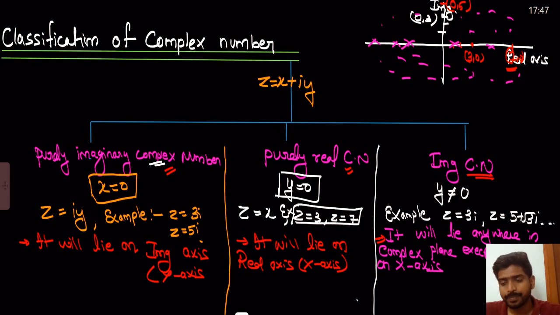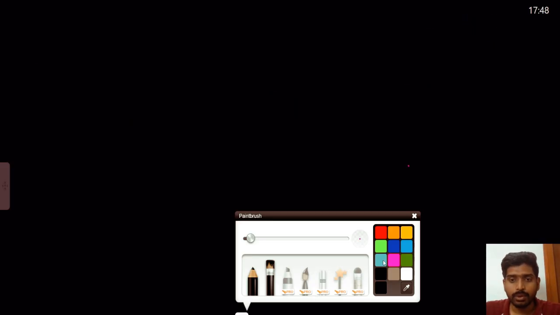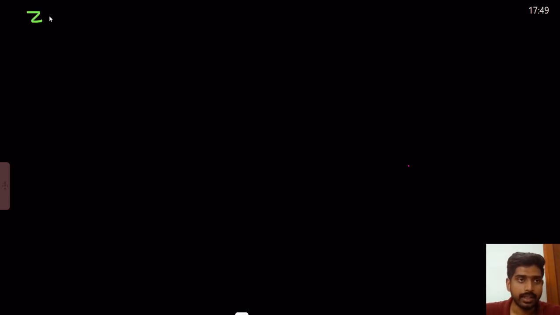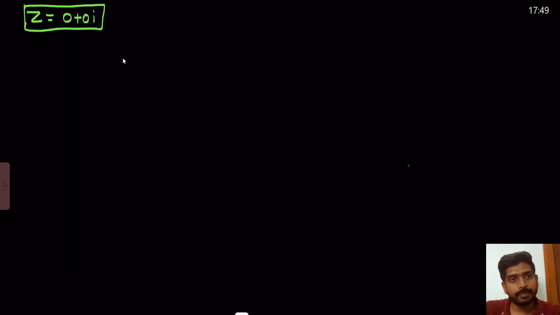Now next we'll talk about zero. Suppose I have written a complex number z is equal to 0 plus 0 iota. Now tell me whether this is purely imaginary, purely real, or just imaginary complex number. What is the condition for purely real complex number?